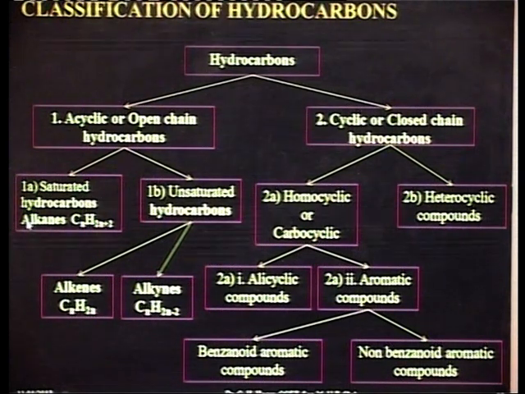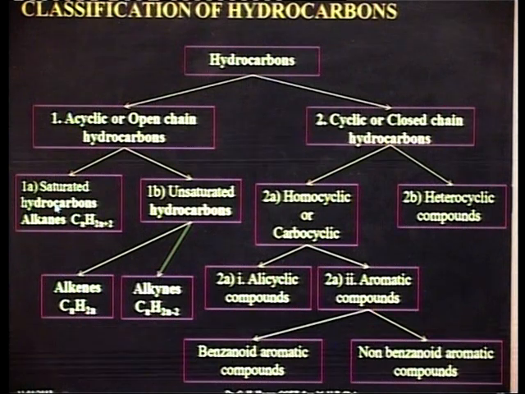In this class of compounds, all n carbon atoms present in the hydrocarbon are sp3 hybridized. There will be no sp2 or sp hybridized carbon atoms in such a hydrocarbon chain. So, they are saturated.